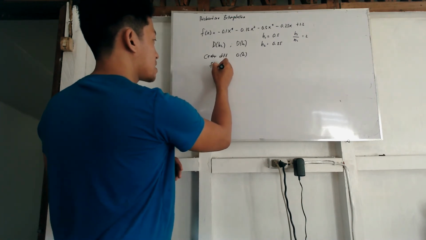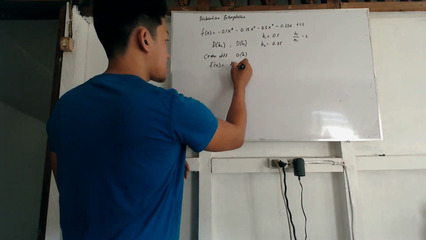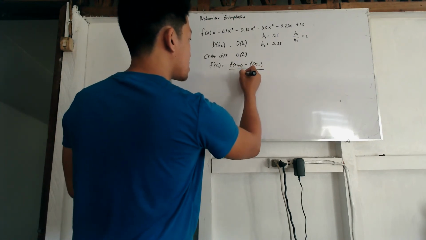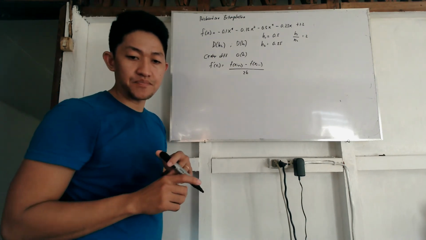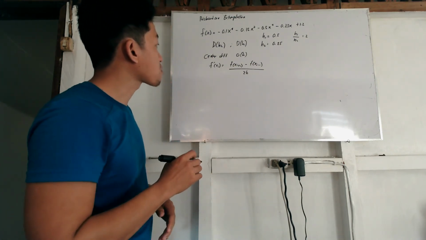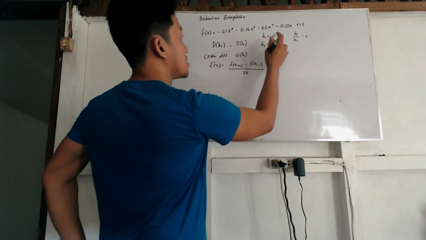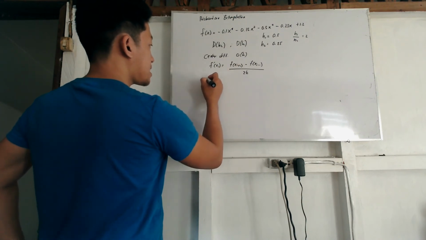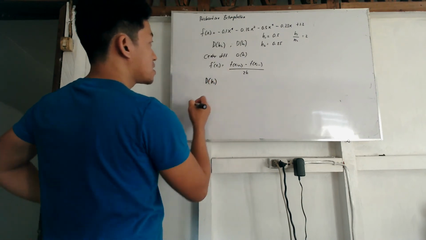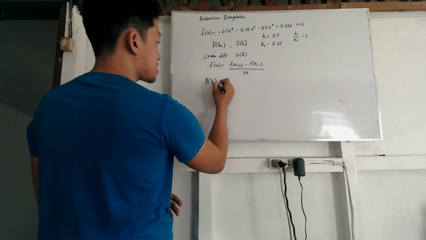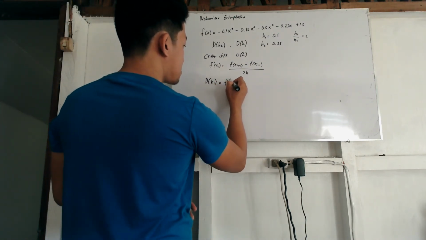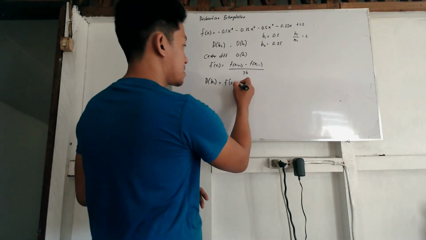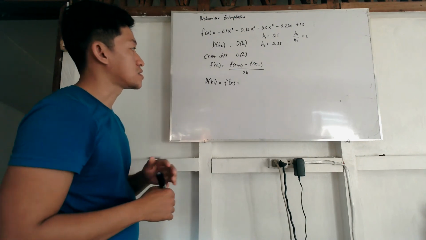So, with that, f of xi plus 1 minus f of xi minus 1 over 2h. Okay? So, let's calculate first h1. The derivative of h1 is actually just equal to f prime, just a different notation.